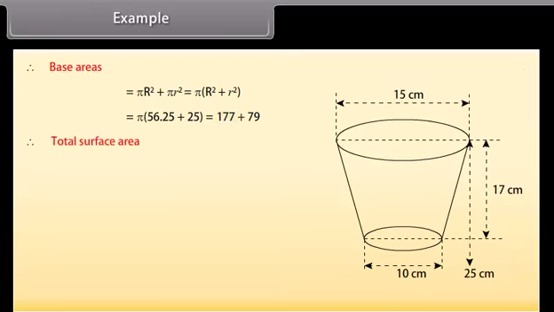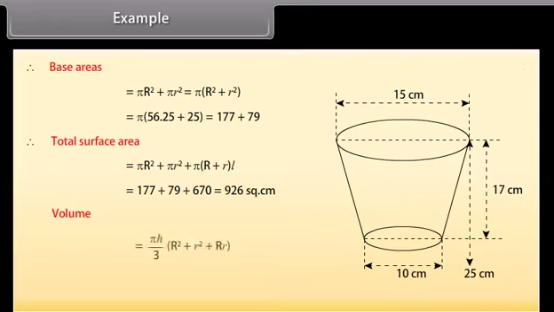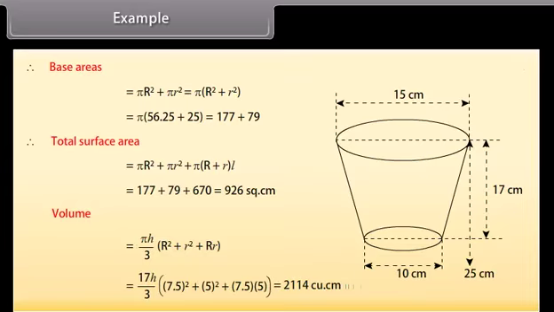Therefore, total surface area is equal to, which gives us 926 square centimeter. Now we know that volume of the frustum of the cone is, substituting the values we get volume, which is equal to 2114 cubic centimeter.